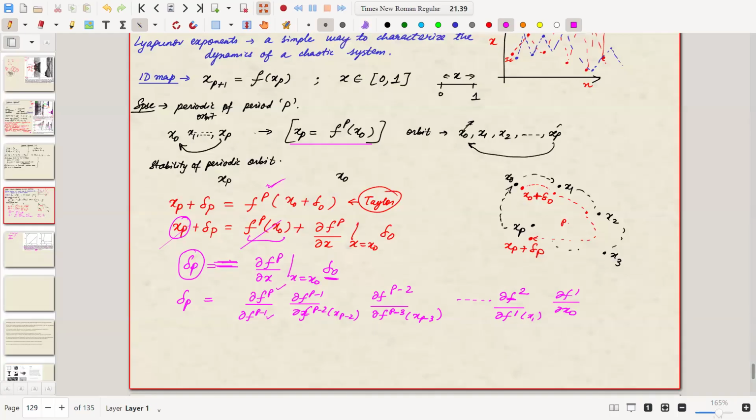Isn't it? I think so. This is a chain rule, nothing else. Just go and see the chain rule, then you can appreciate it. It's not that intuitive, but if you practice, you can do it.